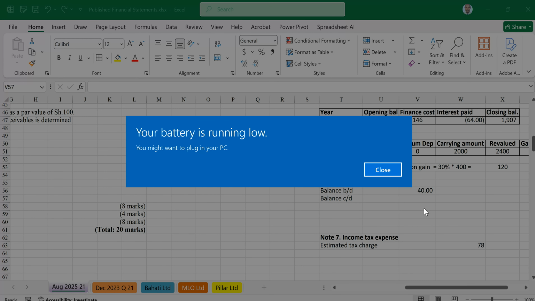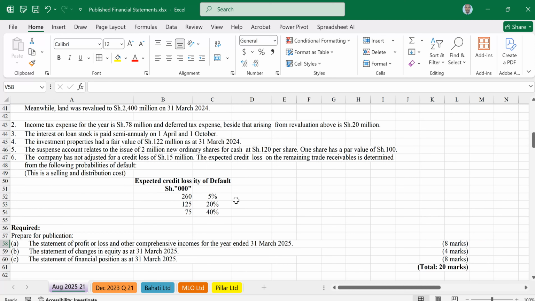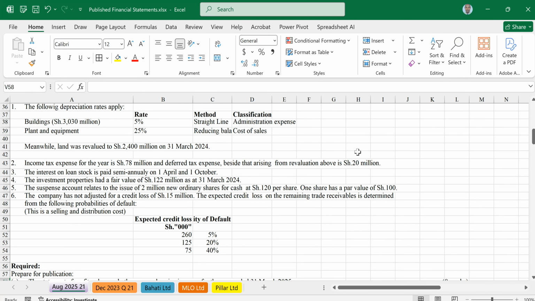So I'm not going to use 120; that will go to revaluation. So carried down is 20. Where is 20? Additional information number 2, this 20.